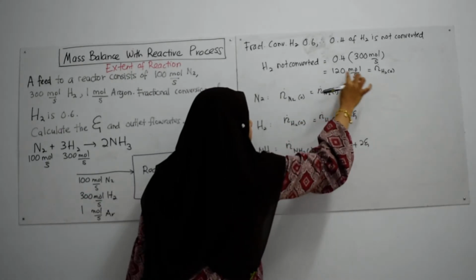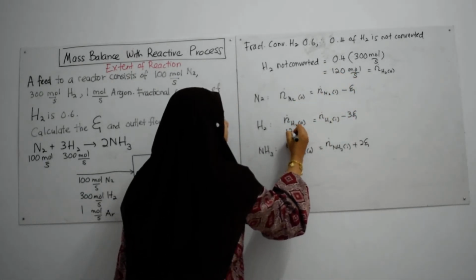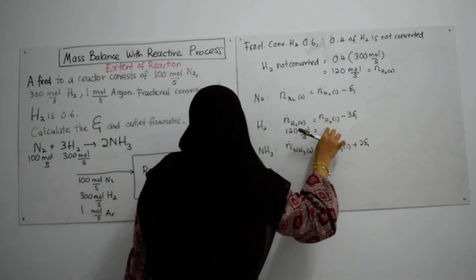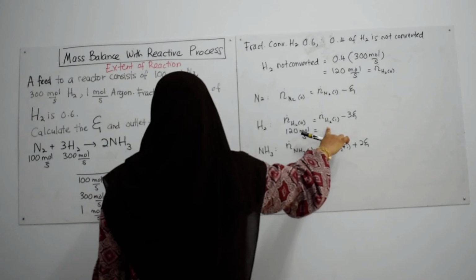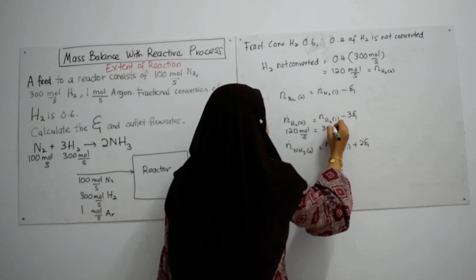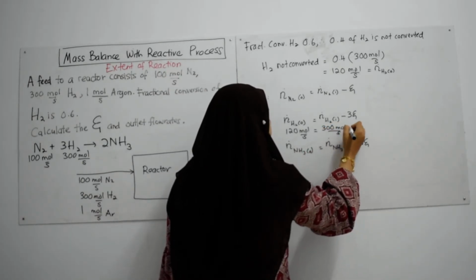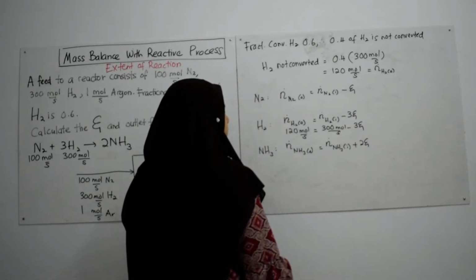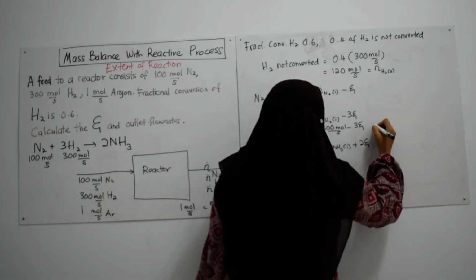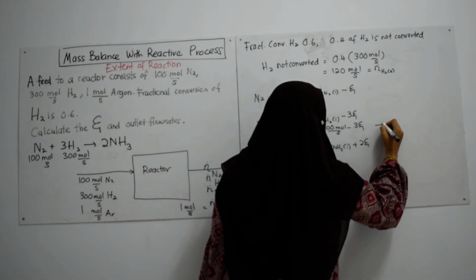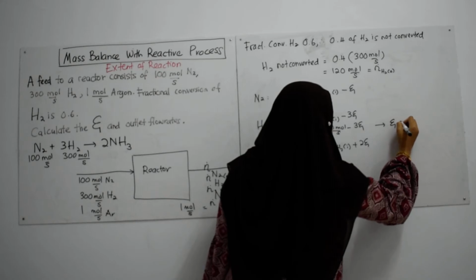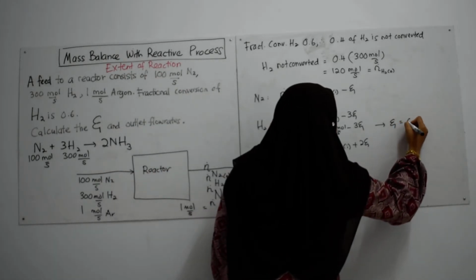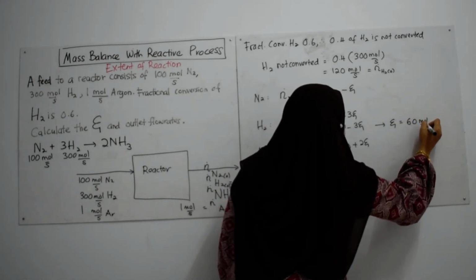So we substitute the value 120 mole per second, equivalent to how many moles go in? It was 300 mole per second minus 3 times the extent of reaction. You complete this equation, then you get the extent of reaction equivalent to 60 mole per second.